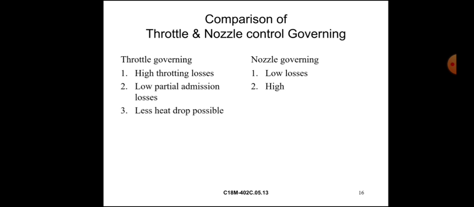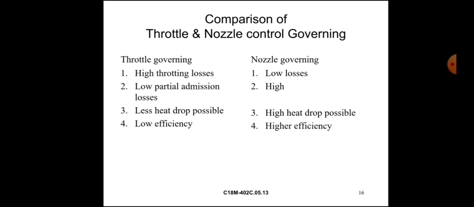In throttle governing, less heat drop is possible. In nozzle governing, high heat drop is possible. In throttle governing, efficiency is low. In nozzle governing, efficiency is high. Throttle governing is used for both impulse and reaction turbines.